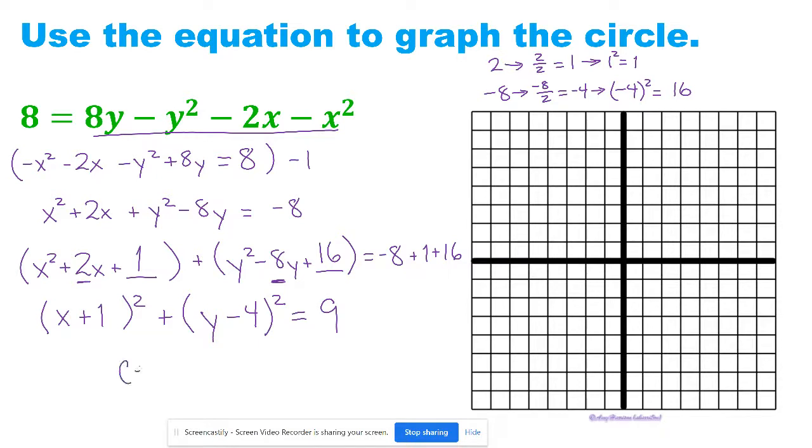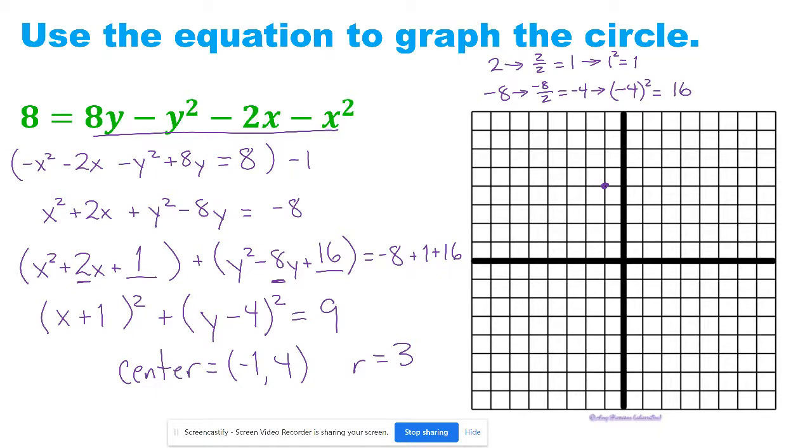So I can identify my center. That's going to be at negative 1 and positive 4. I changed the signs. And then my radius is going to be 3. I take the square root of 9. So now I can plot my center point, negative 1, positive 4. That puts it up here.